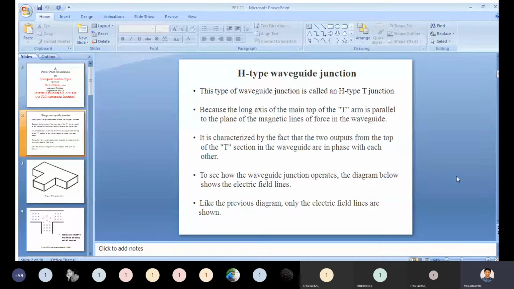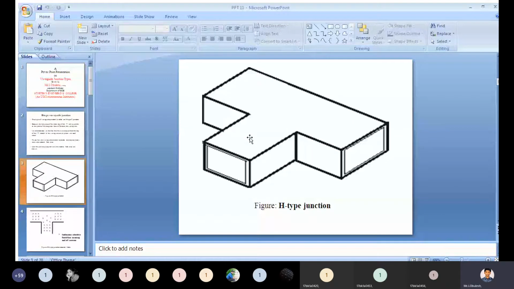Because the long axis of the main top of the T arm is parallel to the plane of the magnetic lines of force in the waveguide. You need to see the diagram.